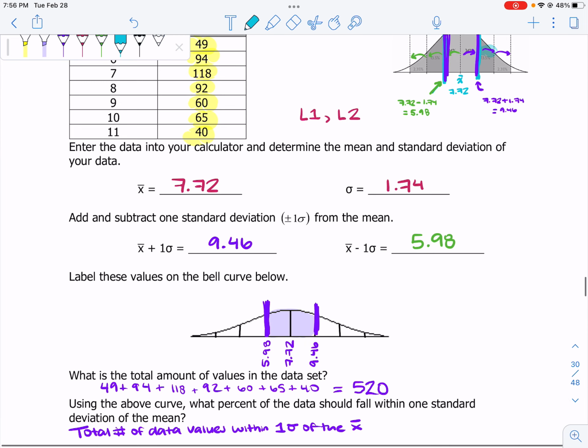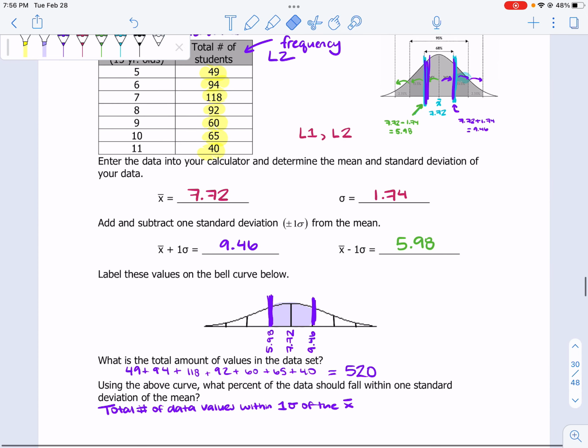Now I can look at my frequency distribution to figure that out. I have the shoe size of 5 and there are 49 people, but they do not fit in this range because they are not between 5.98 and 9.46. So I don't care about these 49 students. The 94 students that have a shoe size of 6 do fit in that range.